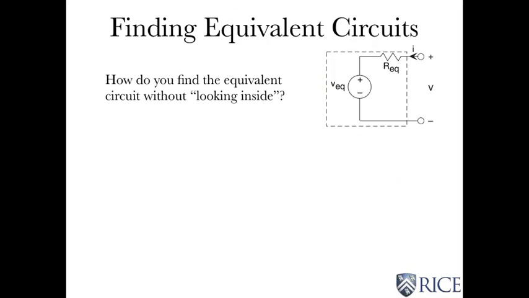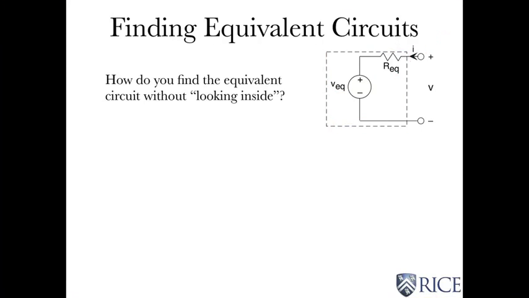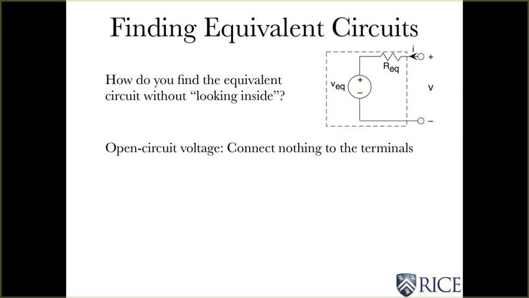One issue with finding equivalent circuits is, can you really find the equivalent voltage and equivalent resistance without looking inside the box? Can you make measurements just at the terminals to figure out what those quantities are? And the answer is yes. The first thing we do is to find what we call the open circuit voltage. That means we set this current to 0 and we look at the voltage we get.